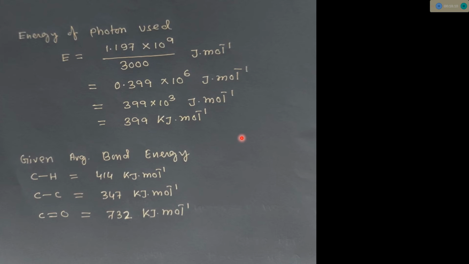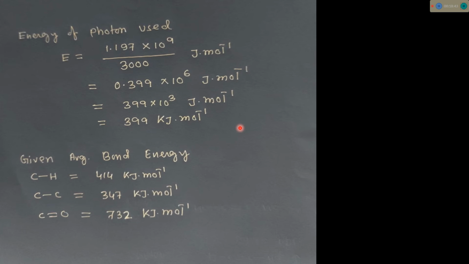In this case there is no question about the C-H and C=O bonds, because their average bond energies are greater than the energy of the light we are using. So only the C-C single bond can break.